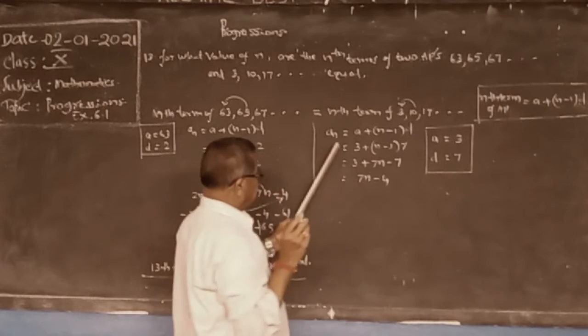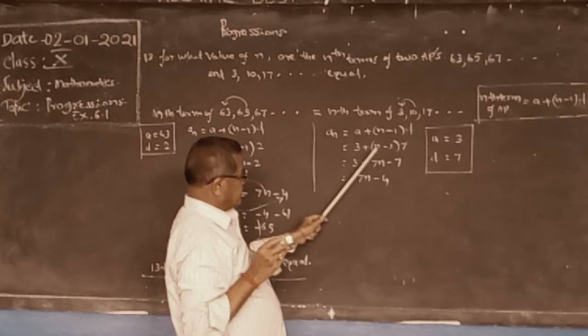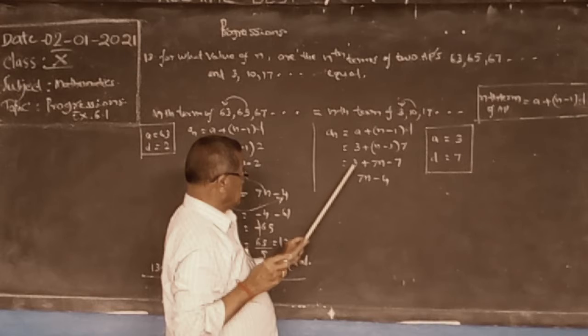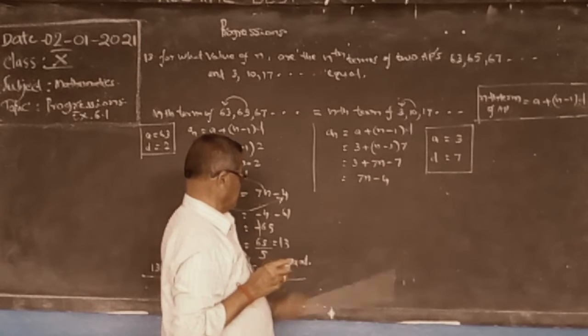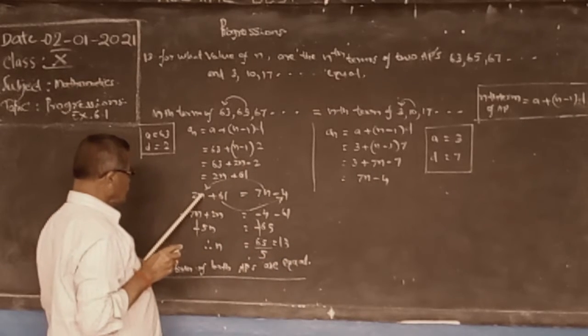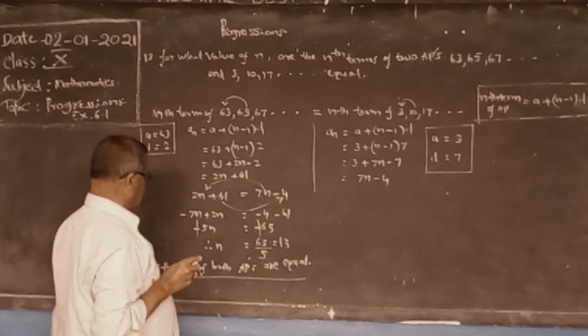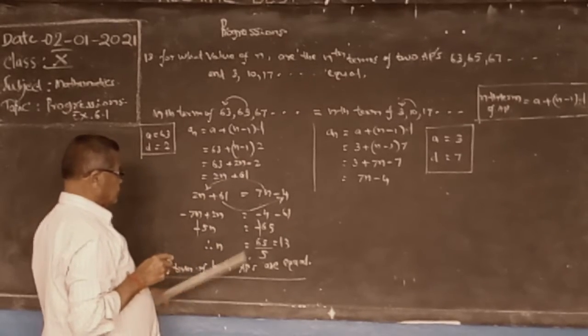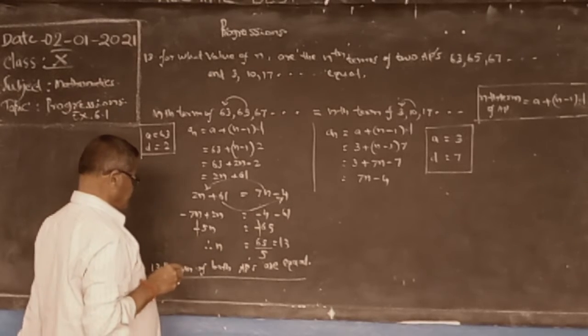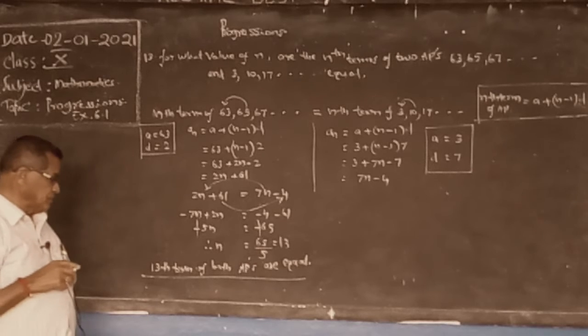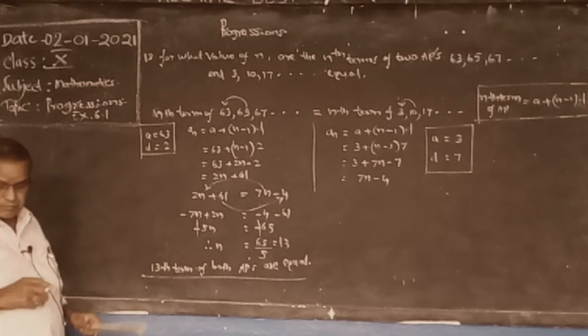Substitute in the formula: 3 plus n minus 1 of D, D value 7, 7n minus 7 plus 3, that is 7n minus 4. 2n plus 61 is equal to 7n minus 4. Minus 5n is equal to minus 65, n is 13. Therefore, the 13th term of both APs are equal.